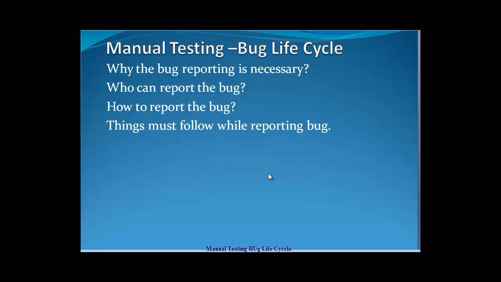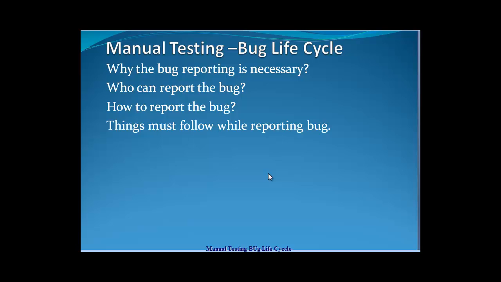The developer is the creator, the one who develops the application. So we convey to them that this application is not working as per our requirement. Bug reporting is necessary so that a developer can understand these are some errors in the application and we need to fix this defect.